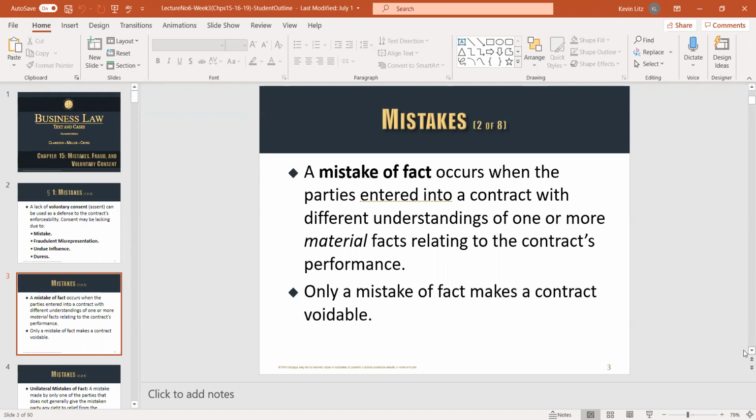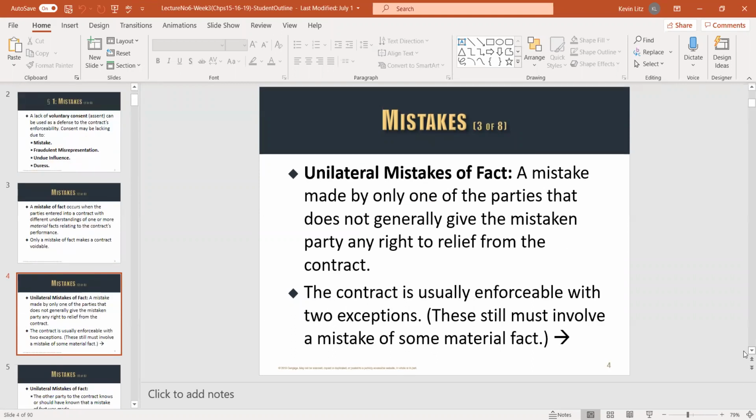Well, I don't know if a court would really consider a 99-cent air freshener a material item, but if you misrepresented or I misunderstood the horsepower, the mileage on the car, the price, well, those would certainly be material facts. In other words, they're important facts.